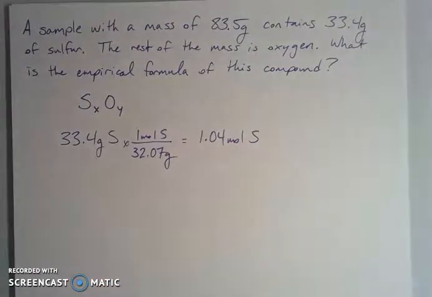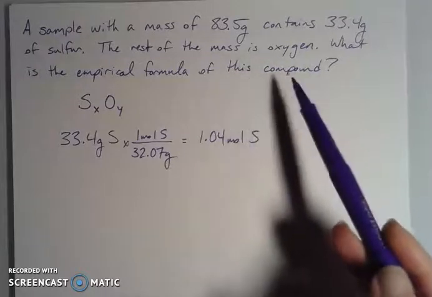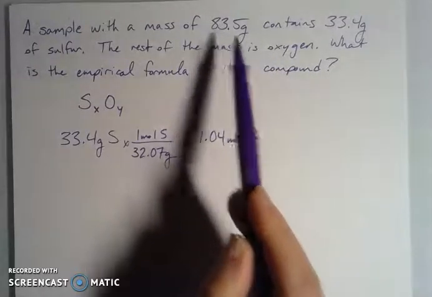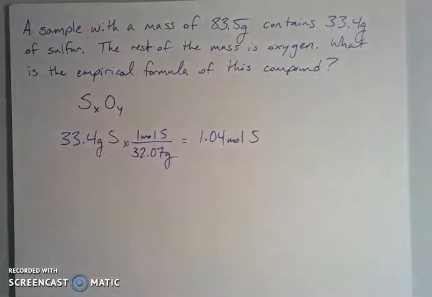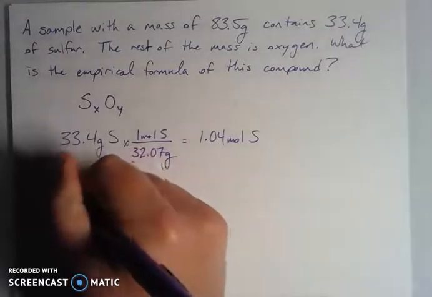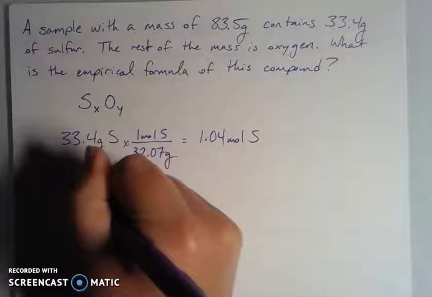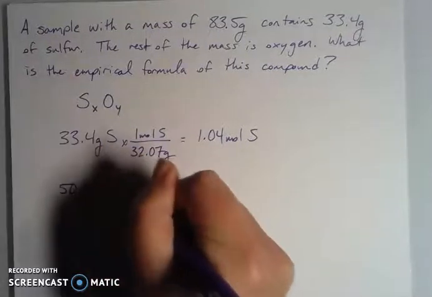Okay. Now, the rest of the mass of my compound is oxygen. So to find out how much oxygen I have in there, I need to take my total mass and subtract the mass of my sulfur. So when I take my 83.5 and subtract my 33.4, I end up with 50.10 or 50.1 grams of oxygen.